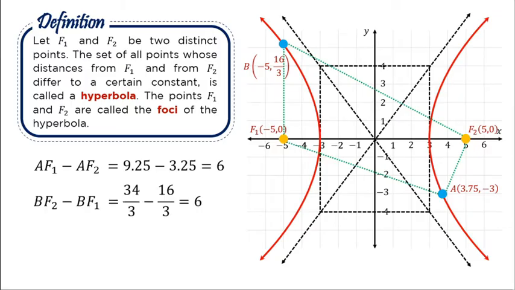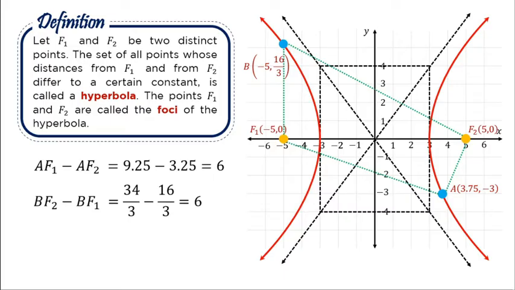So we will have B to f sub 2 minus B to f sub 1. By distance formula, B to f sub 2 is 34 over 3, and B to f sub 1 is 16 over 3. Solving, we will have 6. So as you can see, the difference of the distances are the same. We have 6 for both points A and B.